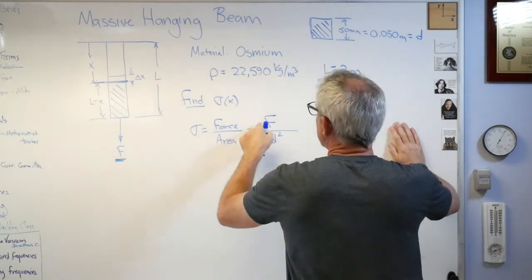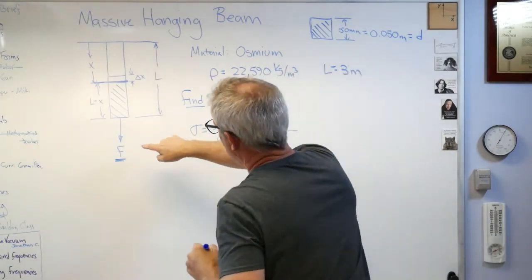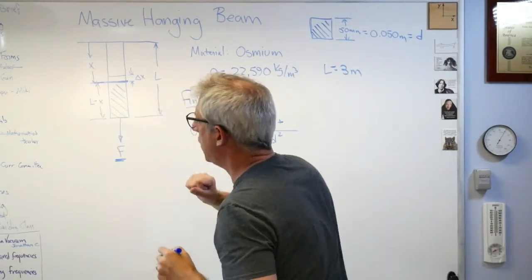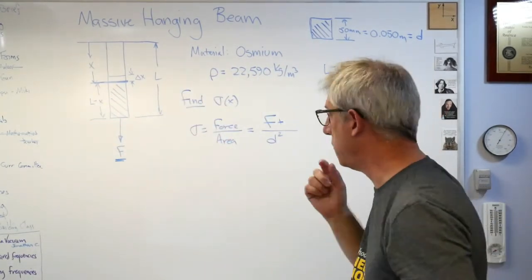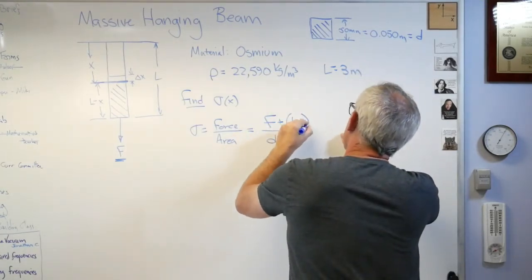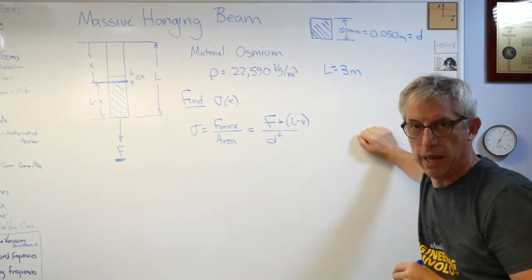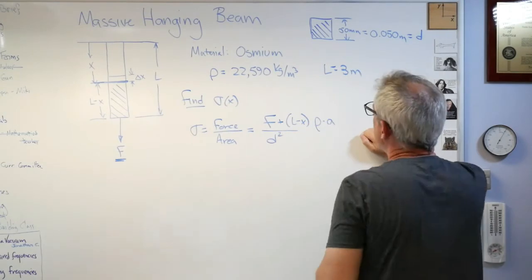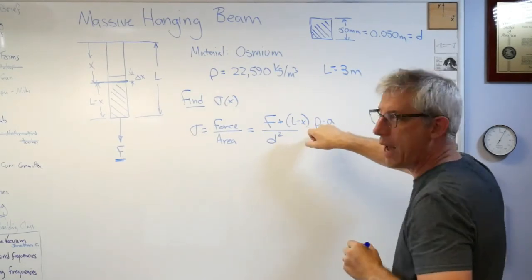So this is that force plus the length of the beam below that point times the mass per unit length. So that's going to be L minus x times the mass per unit length, which is rho times A. We're still in mass world right now.